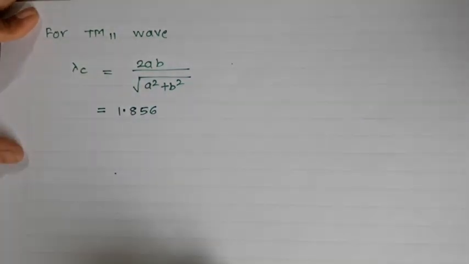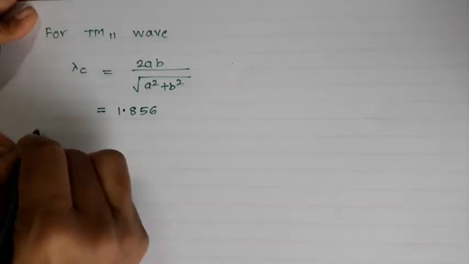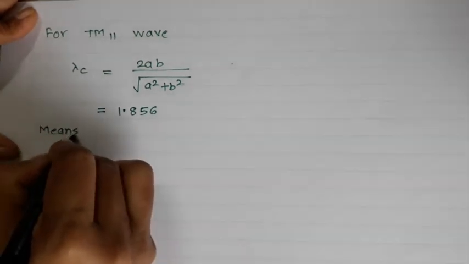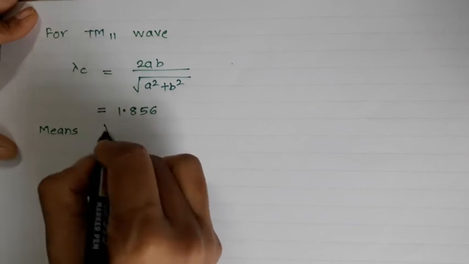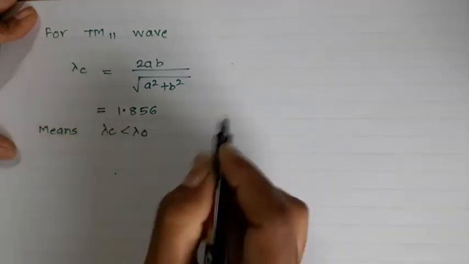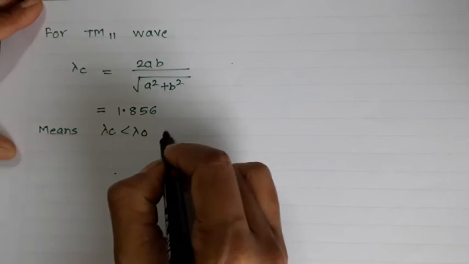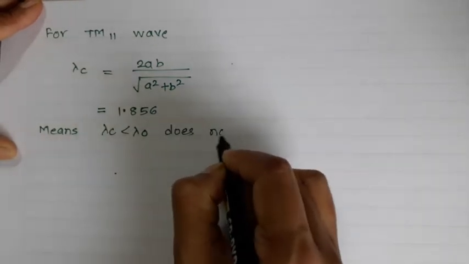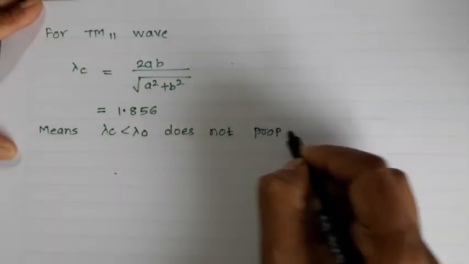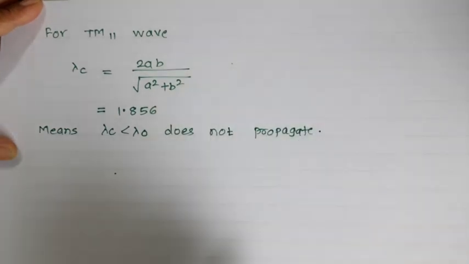So again lambda c is less than lambda 0, and this mode does not propagate.